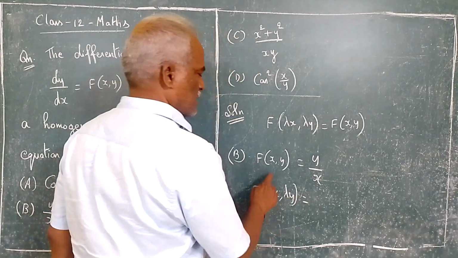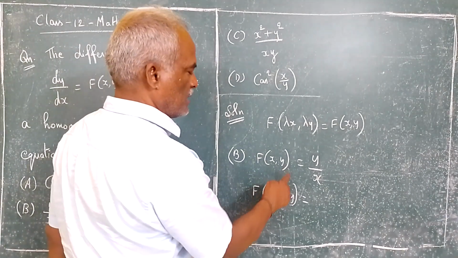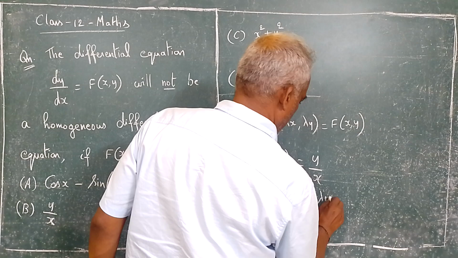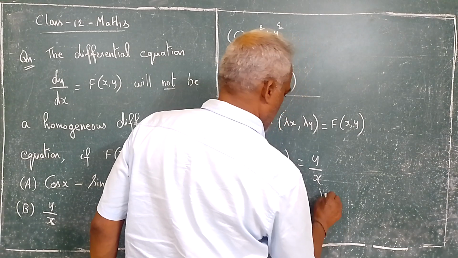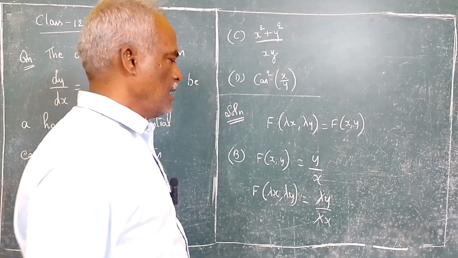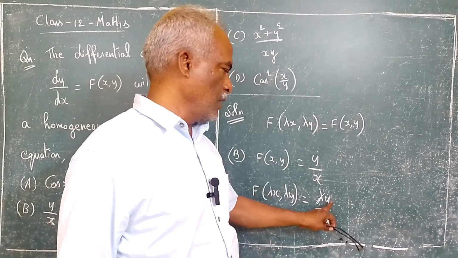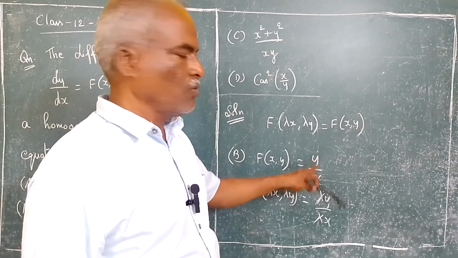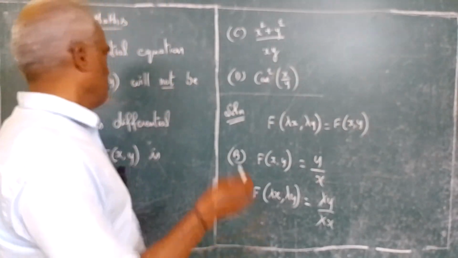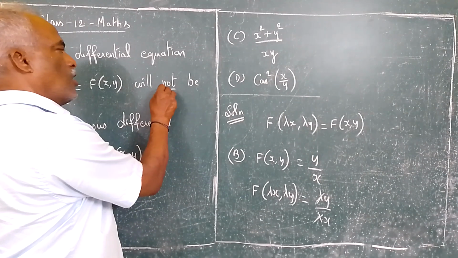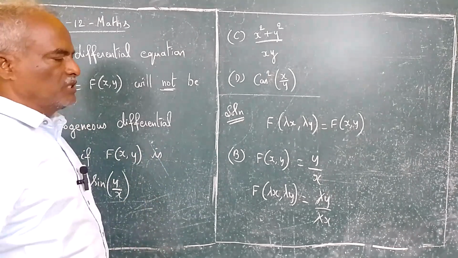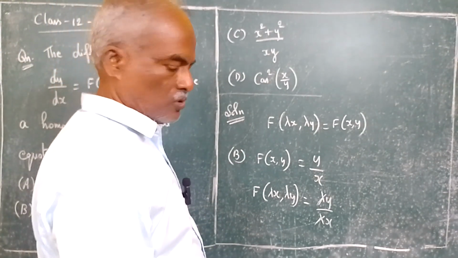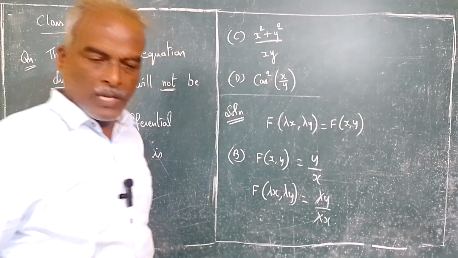That is, x is replaced by lambda x and y is replaced by lambda y. So it is lambda y by lambda x. This lambda gets cancelled and we get y by x, which is nothing but f of x comma y, which is also y by x. So in the question it is said to be not a homogeneous differential equation, but this is a homogeneous differential equation. So option B is ruled out.